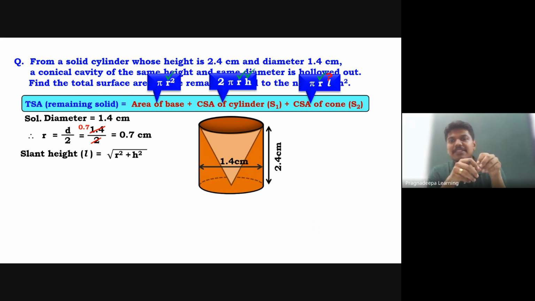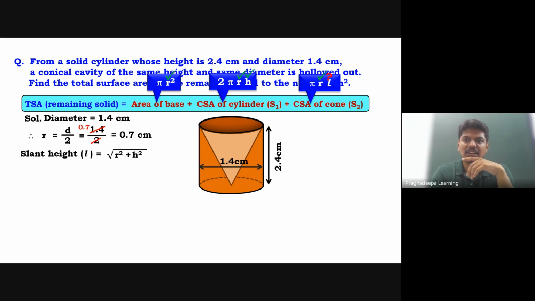How did you get l square is equal to r square plus h square? Yes, Chirasri? It's because of the Pythagoras theorem. Not two Pythagoras theorems, one Pythagoras theorem, to find the hypotenuse.